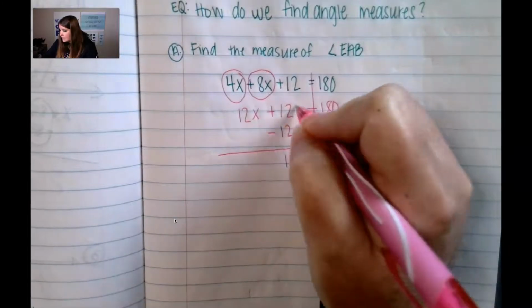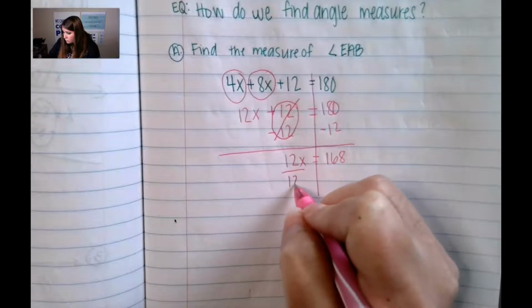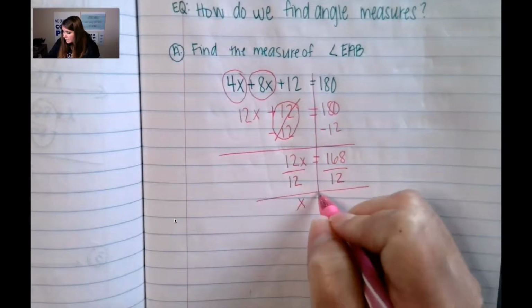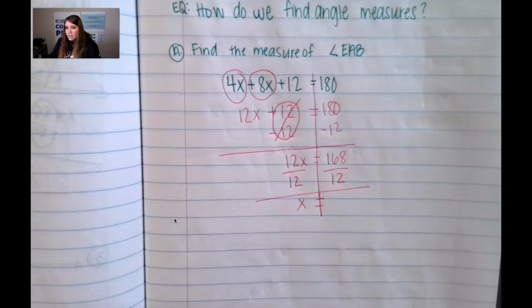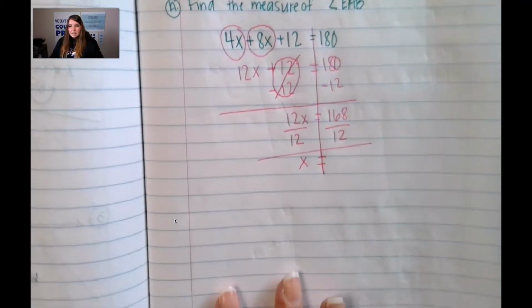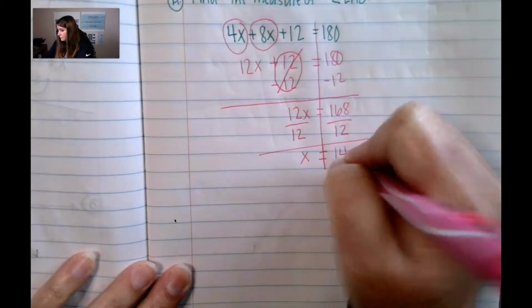Okay, so this canceled, right? Because we did the opposite. And now we can divide by 12 and divide by 12. This gives us x. And now we know that x equals something. Well, 168 divided by 12, that gives us 14.